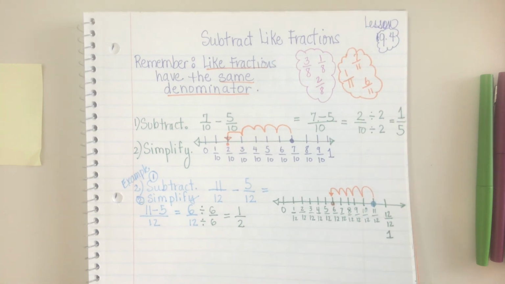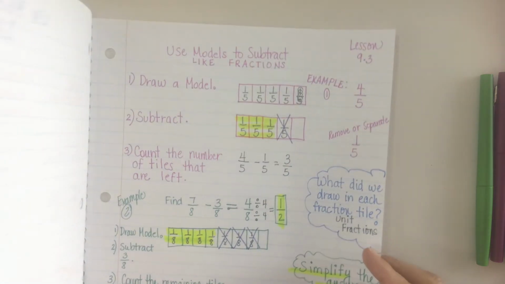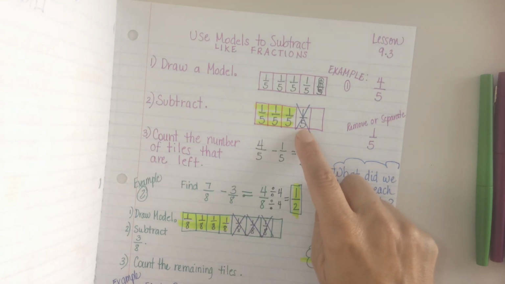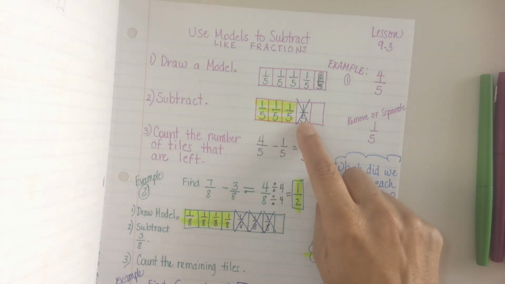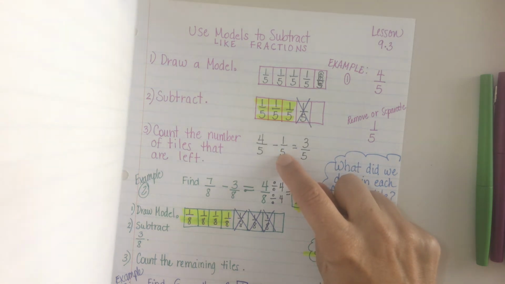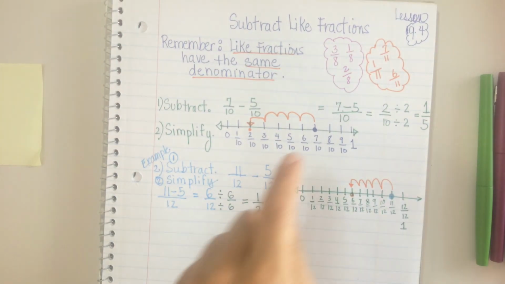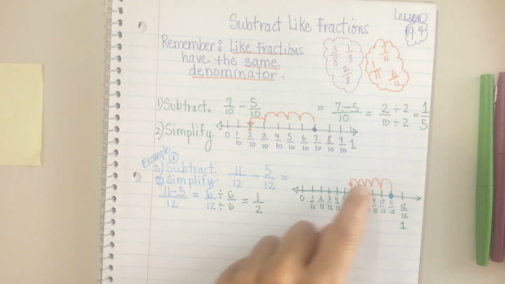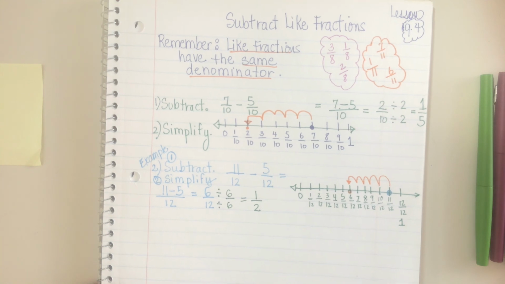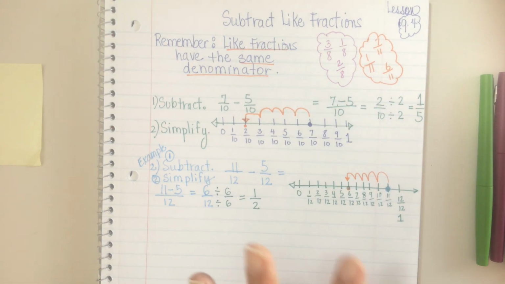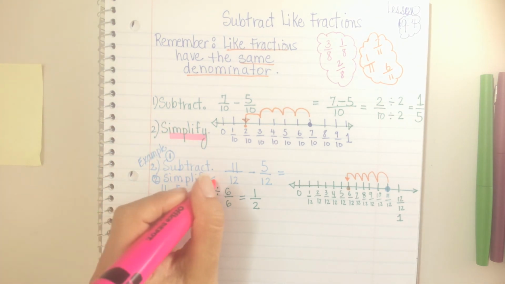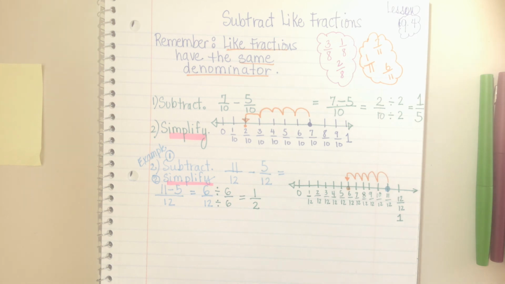So you still have the option of making models and crossing out or removing the part that you're subtracting. But you can also make number lines and jump the number that you're supposed to subtract. And then the main thing that we're reviewing is that we want to always remember to simplify so that we ultimately get the right answer.